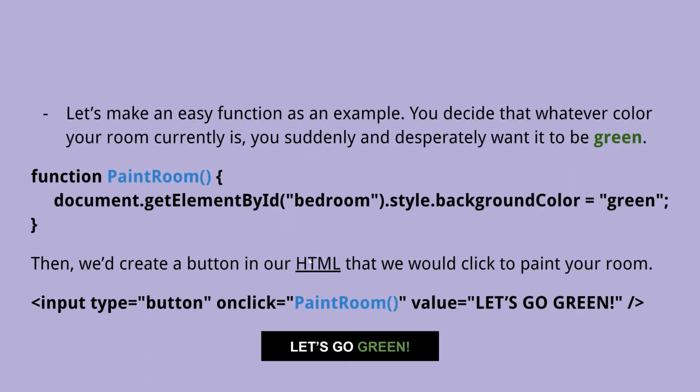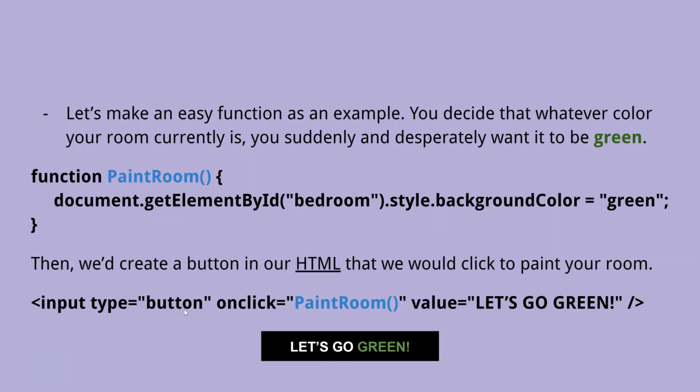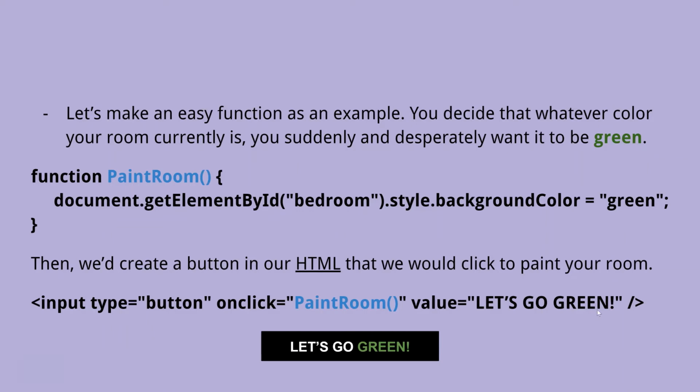Then we'd create a button in our HTML. And when we clicked that button, we would call the paintRoom function, the paint room action. This is all going to look pretty familiar. You'll see that we have the input element. It has a type of button. We skip over here. It has a value, which means what's going to be written on the button that says, let's go green.